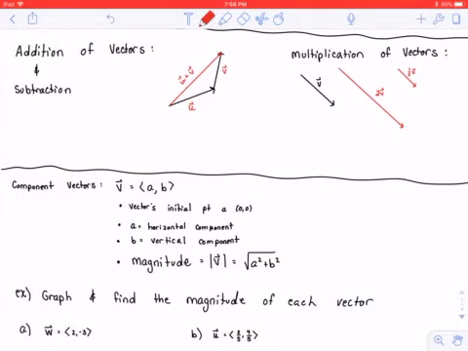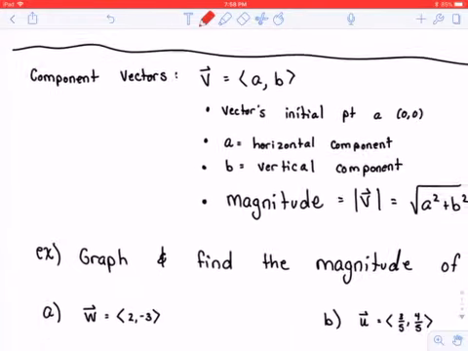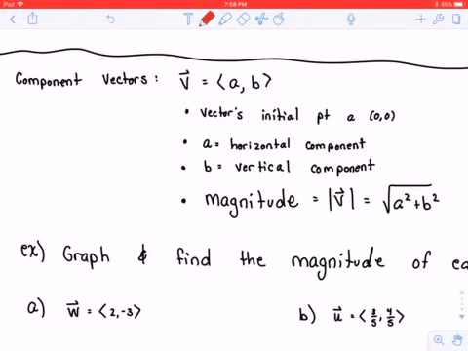One thing, I haven't really brought up all the rules for addition, subtraction, multiplication, division of vectors, because we need to bring up component vectors, which is going to make the math a heck of a lot easier to do. So this is what you're going to see the most of as we go through everything, and that's going to be component vectors. Component vectors are written in this form.